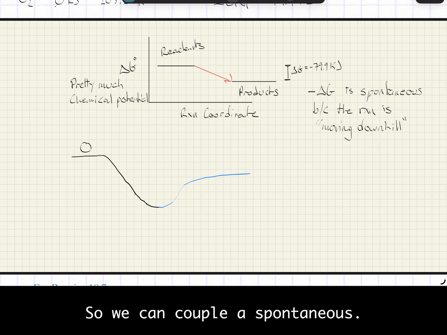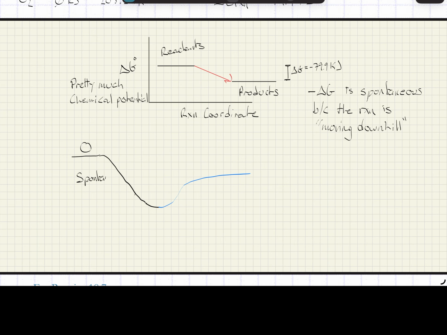So we can couple a spontaneous reaction with a non-spontaneous one.